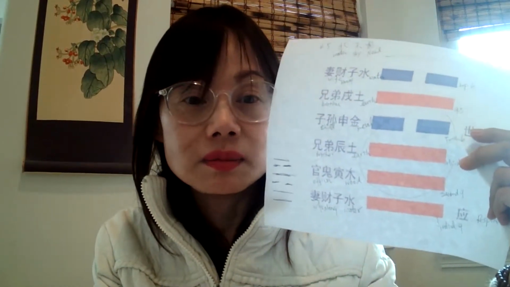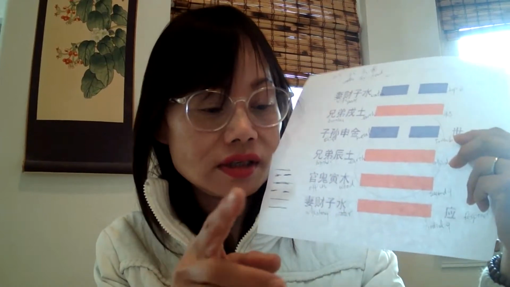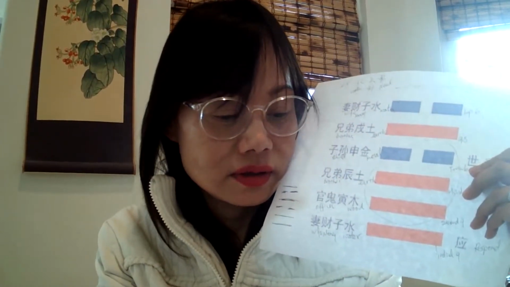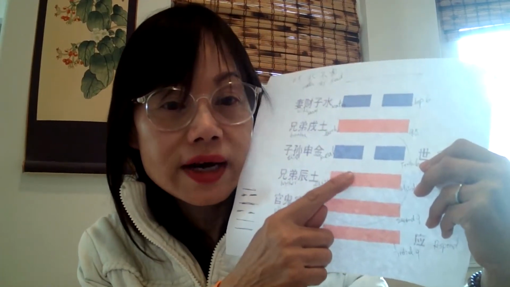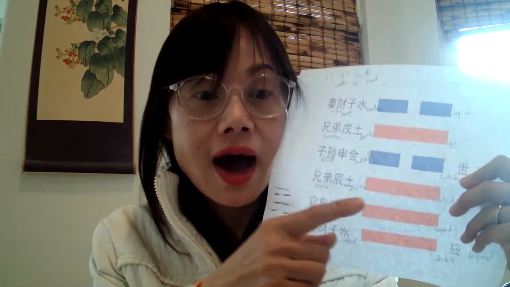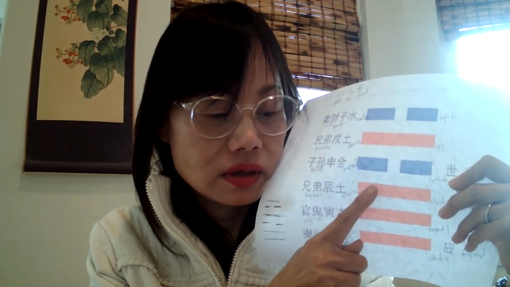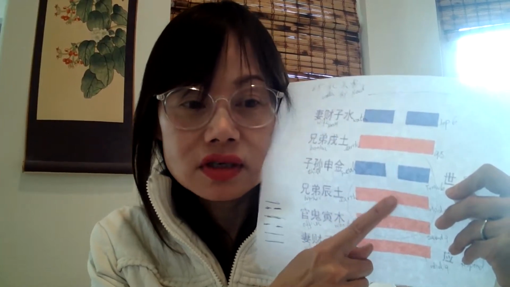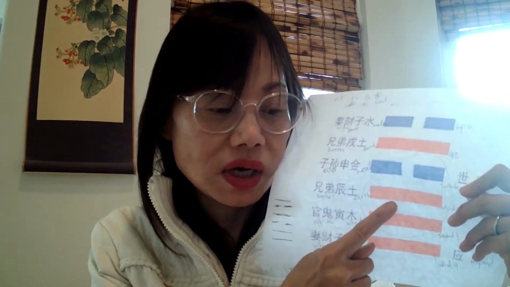Be aware, big disaster. The second one changing, that means you have good things come to you. Third one changing, that means somebody will argue with you, or a woman problem. This one changing will have a woman problem.